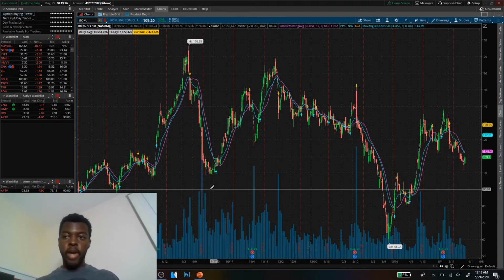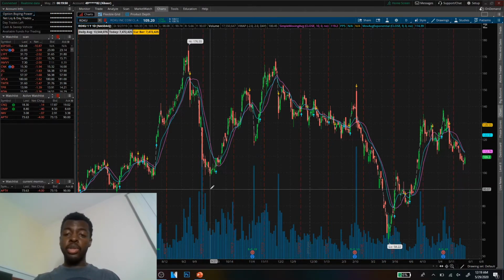Okay, so right now I'm on TD Ameritrade. This is a platform. It's absolutely free. One of my personal favorite platforms, the second platform that I started with when I started trading, but this is elite. This is an amazing platform. TD Ameritrade does not sponsor me for any of this, but I just love the platform.